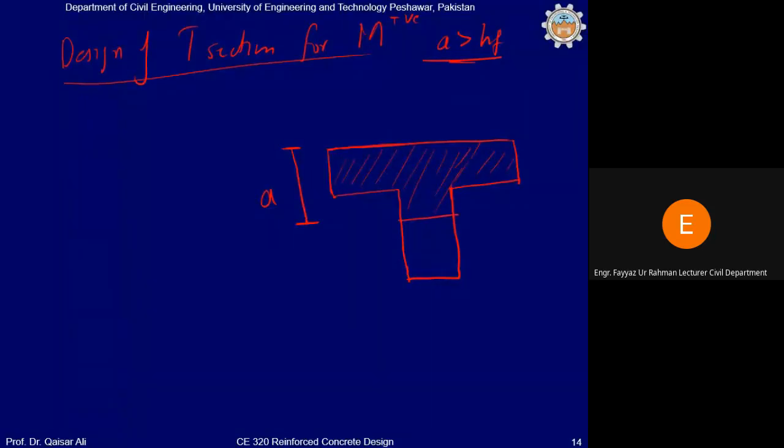So in this case, what you can do, you can divide this area in two portions. One is this part, the flange portion of the beam, and the web portion of the beam.